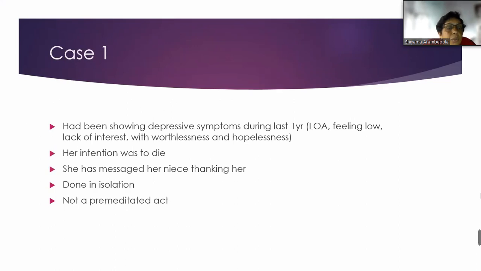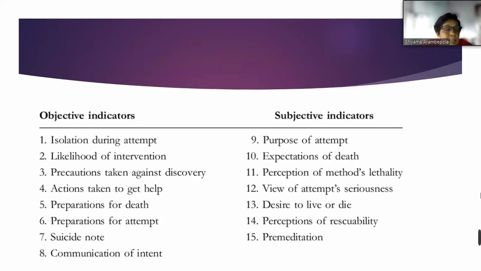Right. Okay. So we'll just discuss these things also. We discuss action to get help, preparation for death, preparation for the attempt. They plan it, and sometimes they leave suicidal notes, and then they communicate about the intent we were discussing. Then we need to find out why this person is attempting, the purpose of the attempt, right? And then expectation of death, right? They want to die, right? So they have the idea that they will die with this, right?